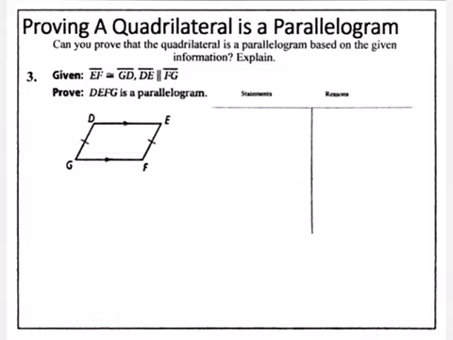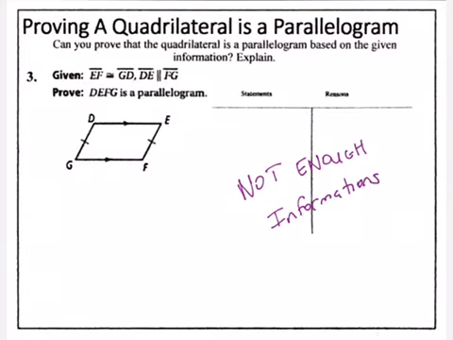So this one actually can't be done. So we say no, or not enough info. Because this could be a parallelogram or it could be a trapezoid, and you'll see what I mean later in the chapter.